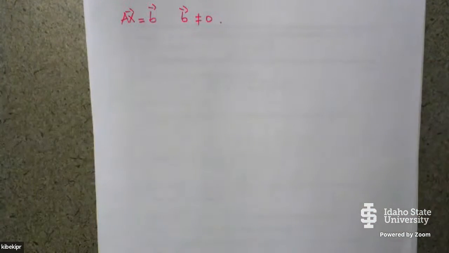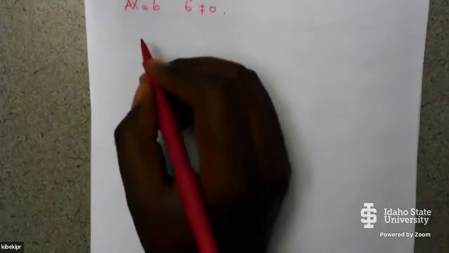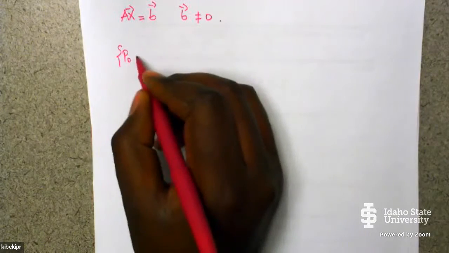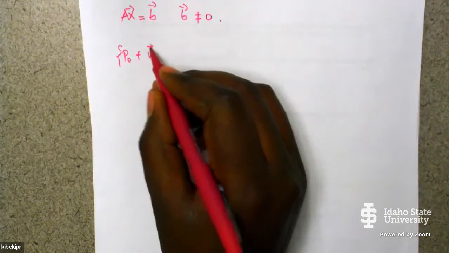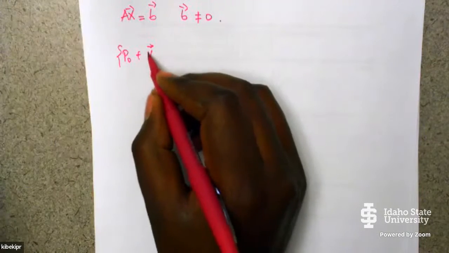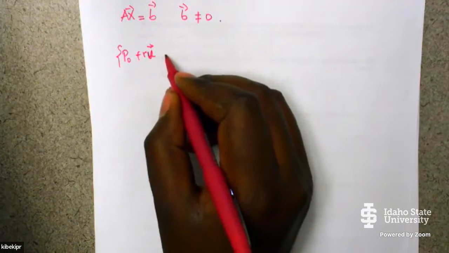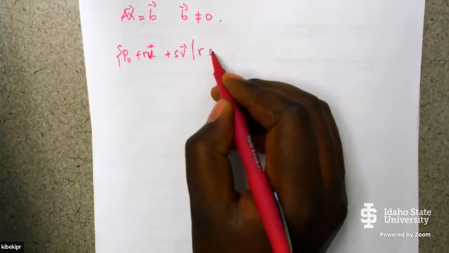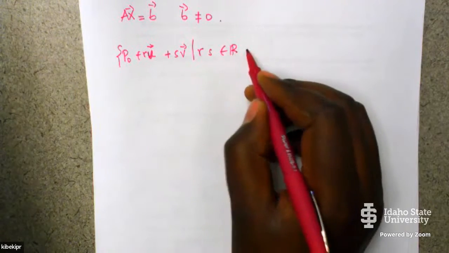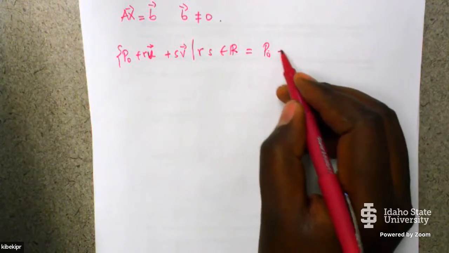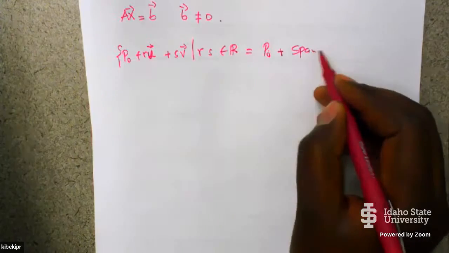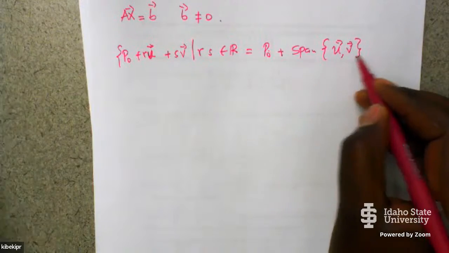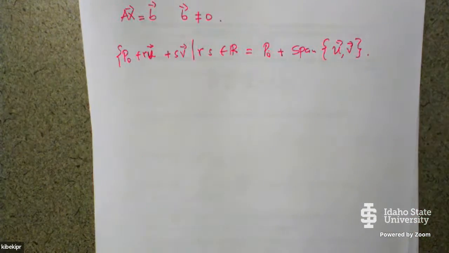Here, what we got is P naught plus rU plus sV, where R and S are elements of the real numbers, which equals P naught plus the span of U and V.